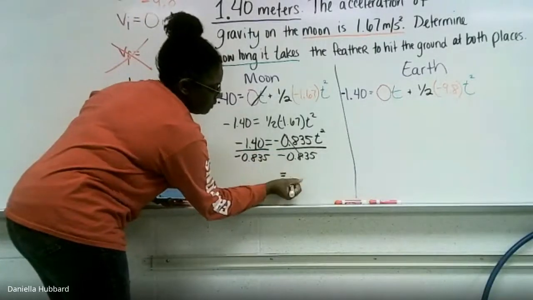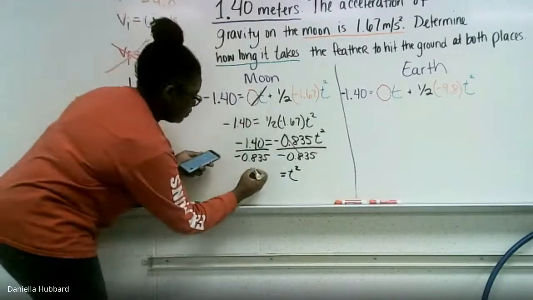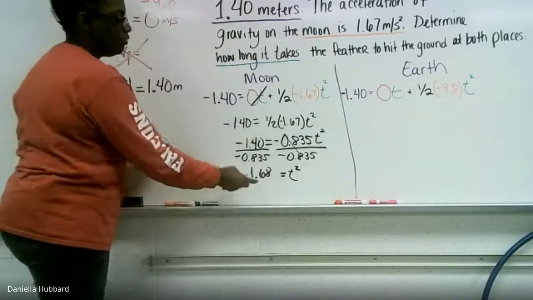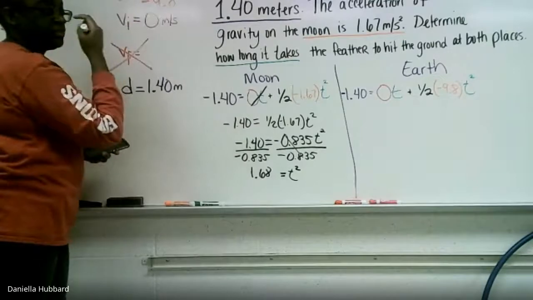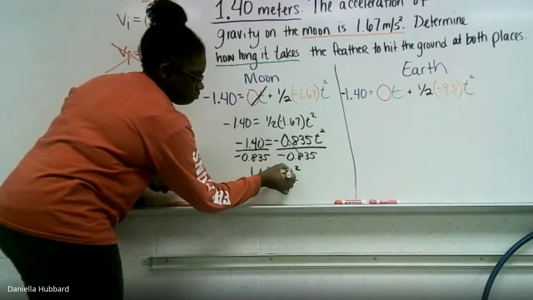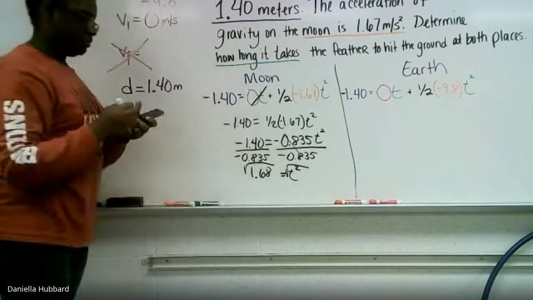So what we'll get for T squared, once we divide, is 1.68. We are not finished because we need T and not T squared. So the opposite of squaring something is taking the square root.